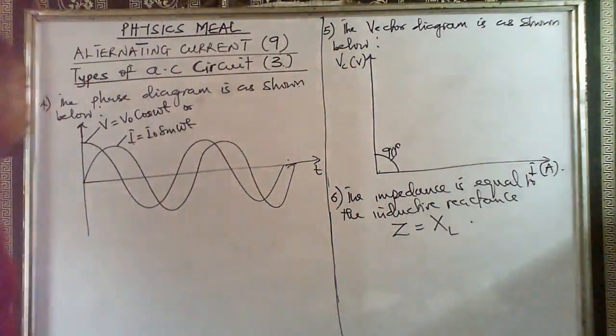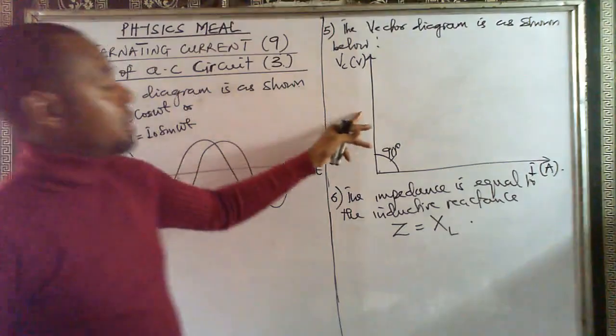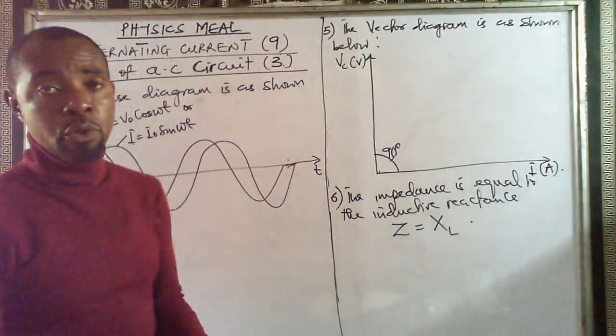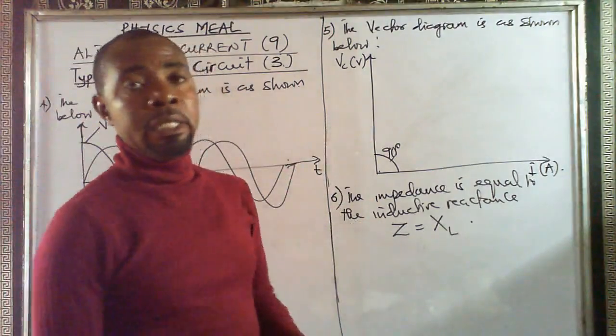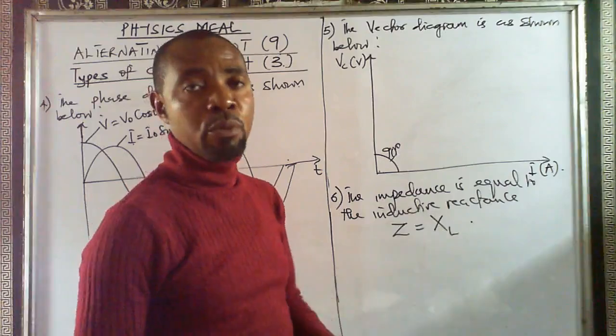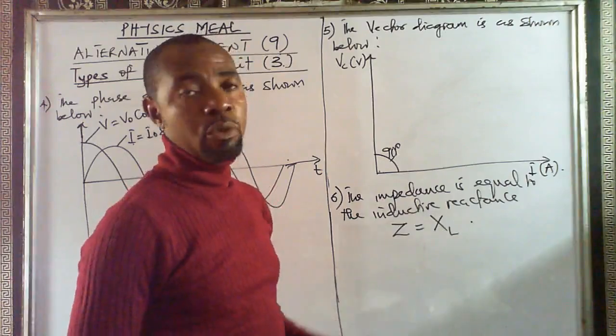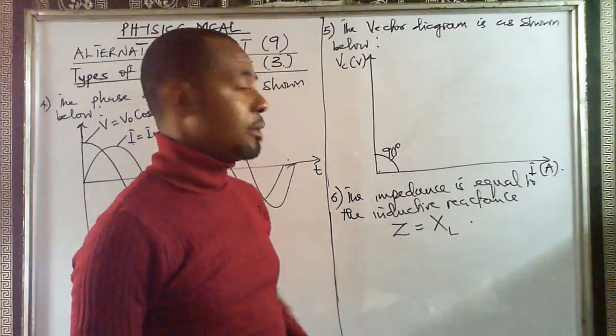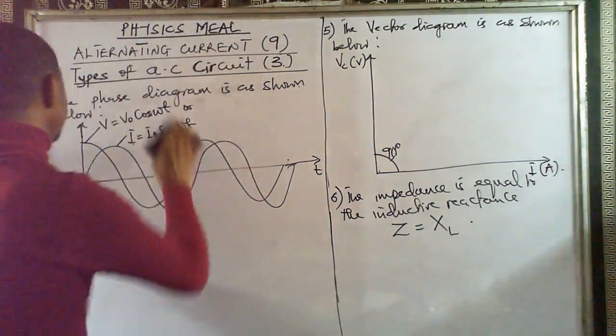So having looked at this, let us also note that the power factor in this case is going to be 0. The power factor will be 0 in this case.